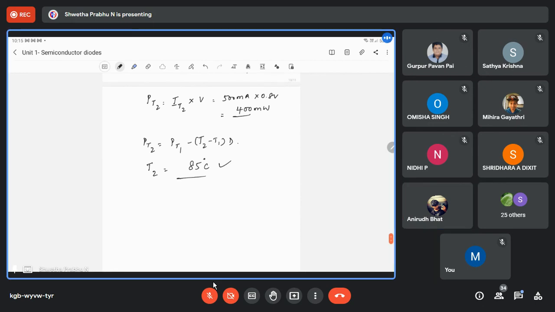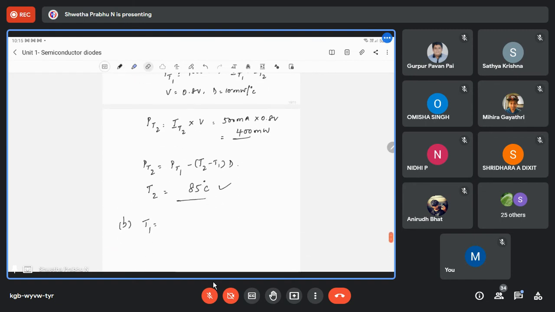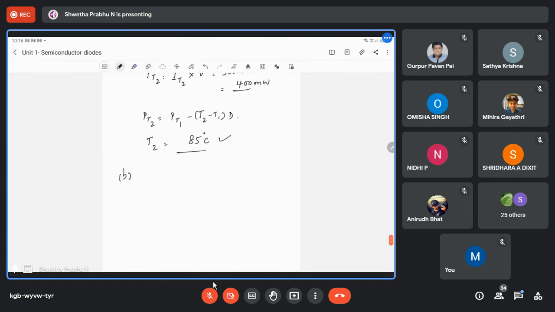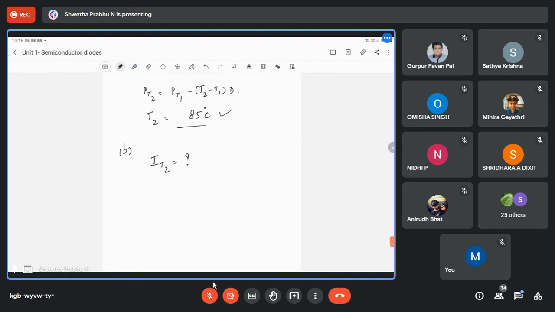So this is your first sub question. The second sub question is that you have to find the maximum forward current, that is IT2. Solve for IT2, considering temperature to be 75 degrees Celsius.